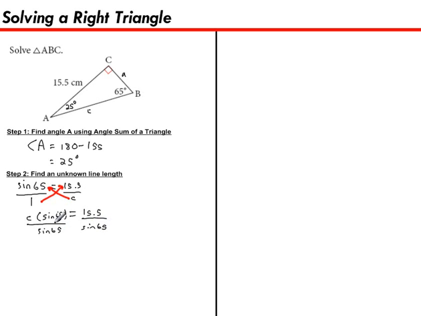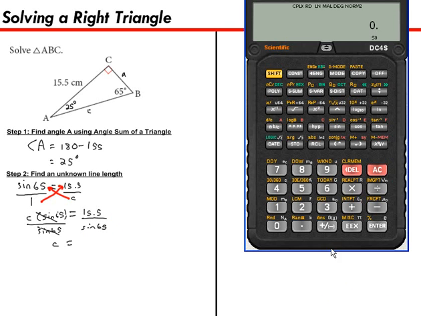And the reason I do that is so that now there's a sine 65 on top and one on the bottom, and in effect they have just canceled each other out. So my next line will be c equals, and whatever this is, 15.5 divided by sine 65. For this, we need to break out our scientific calculator. So let's get that up on the screen and I'll show you that step.